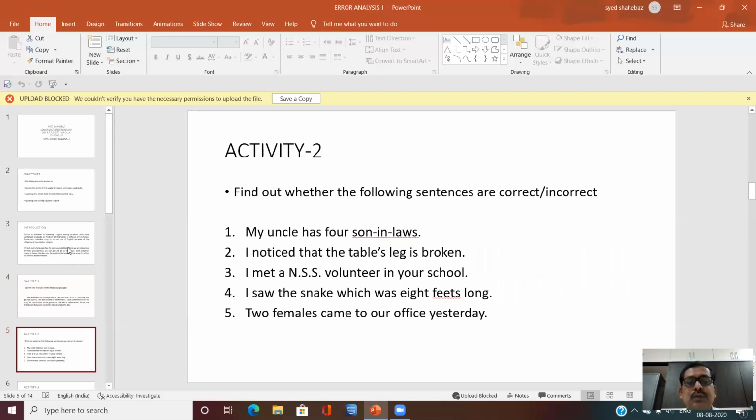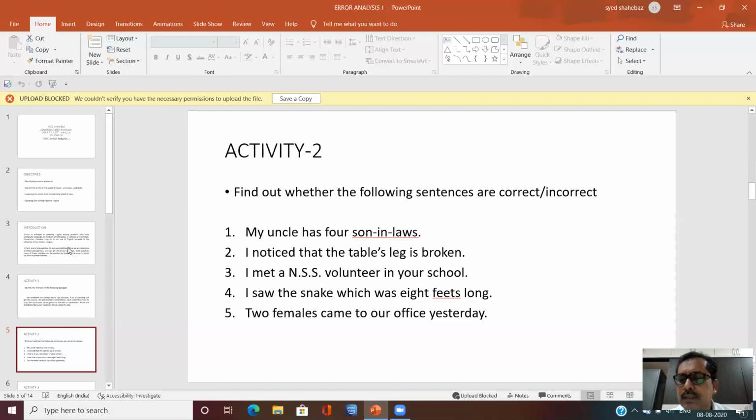Next, to come to activity 2. In activity 2, there are 5 sentences. Find out whether the following sentences are correct or incorrect.